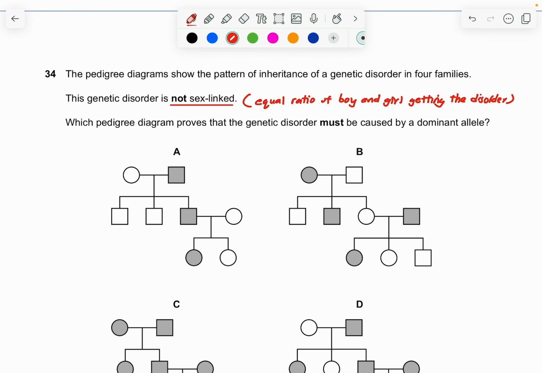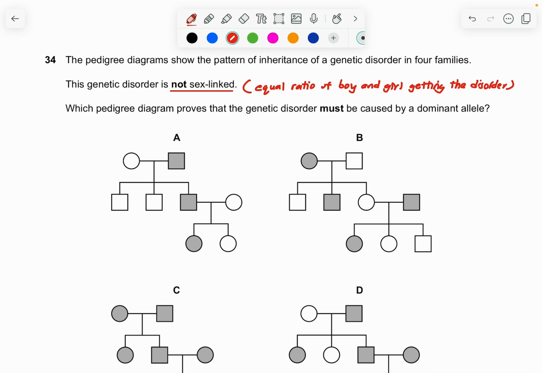So you must understand that when it's not sex-linked, it means that there is an equal ratio of boys and girls contracting the disease. Now, they have asked you to find out which of it proves that the genetic disorder must be caused by a dominant allele. Dominant allele in this pedigree diagram means that it does not skip a generation.